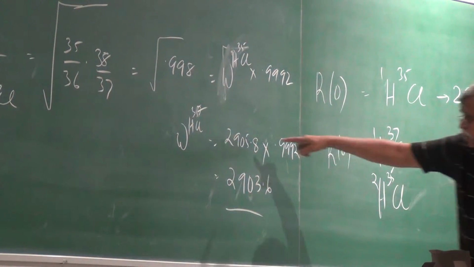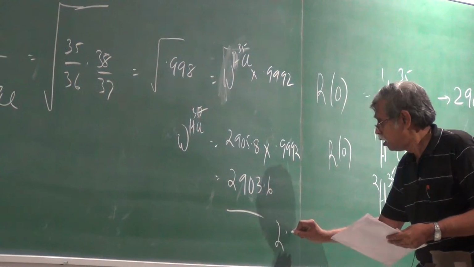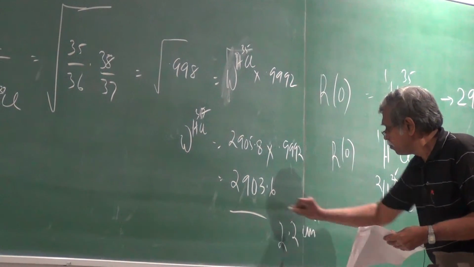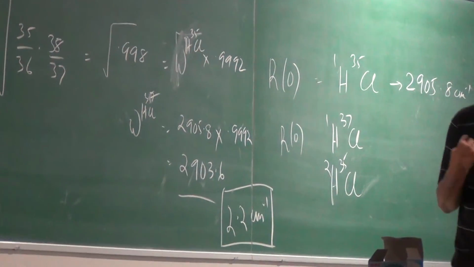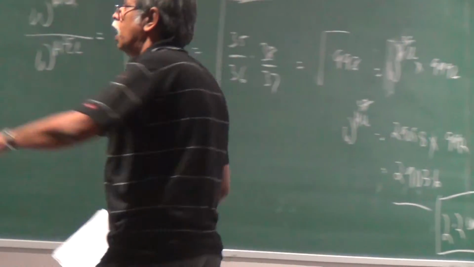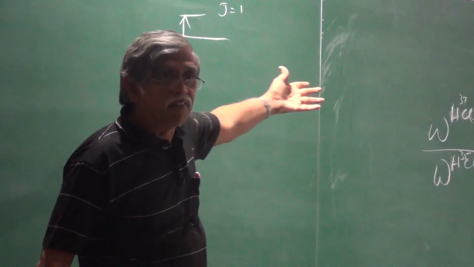It is simply the difference between these two, and that is going to be simply 2.2 wave numbers. So what does this tell me? It tells me how much this level is coming down for the HCl 37 relative to HCl 35.